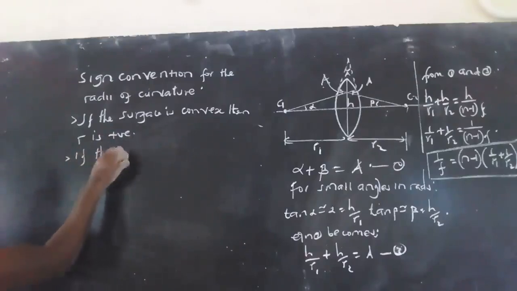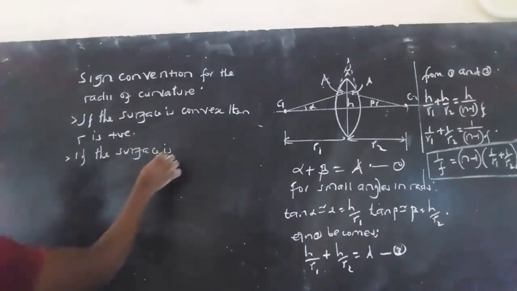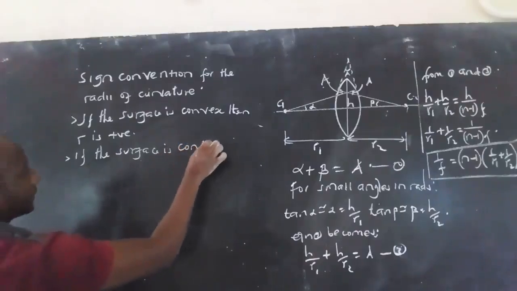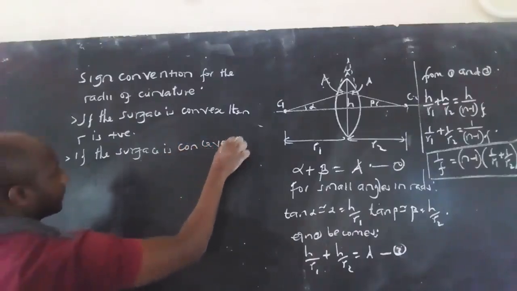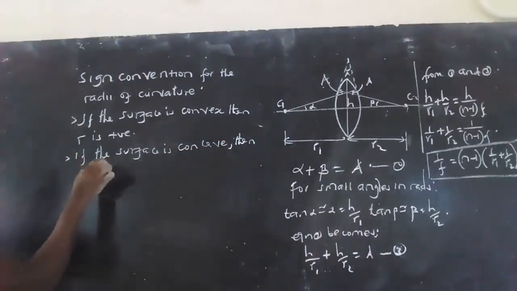If the surface is concave, then R will be negative.